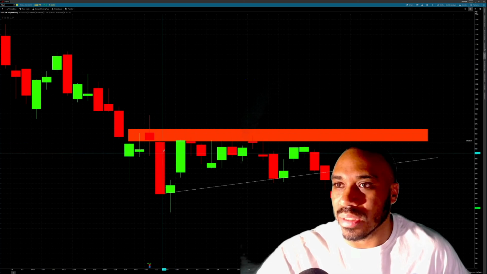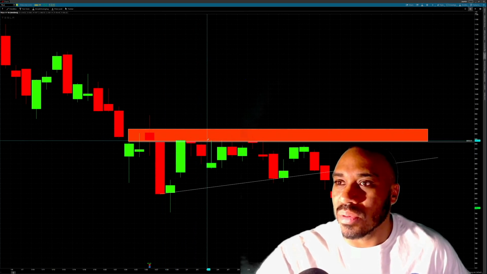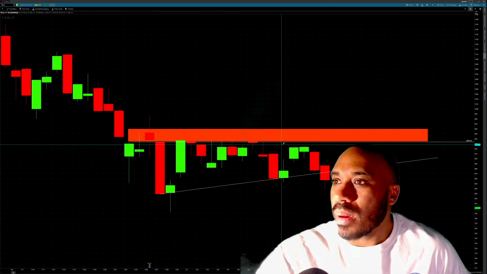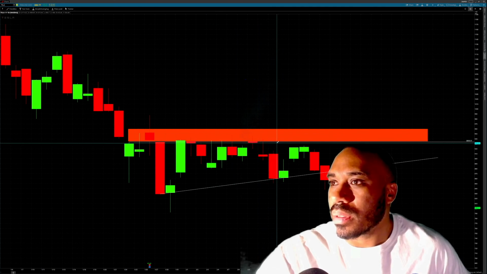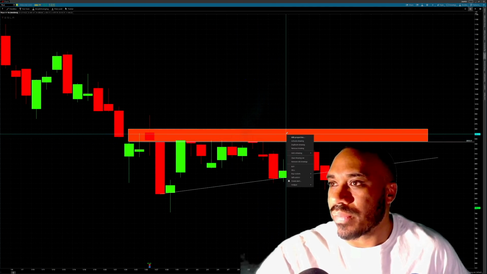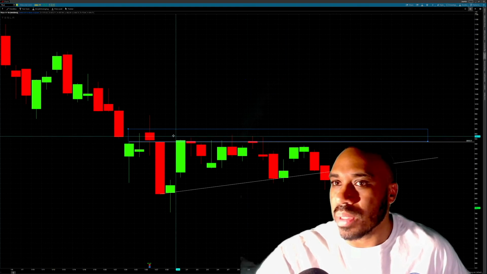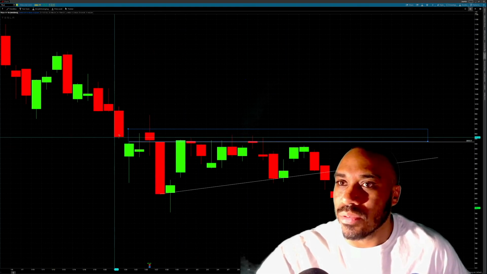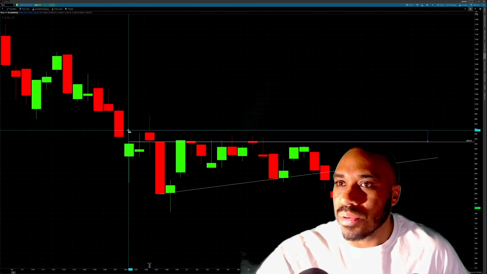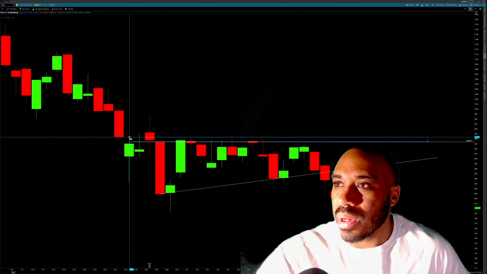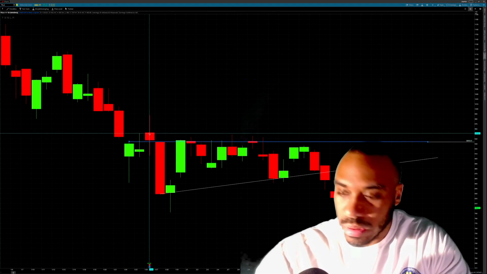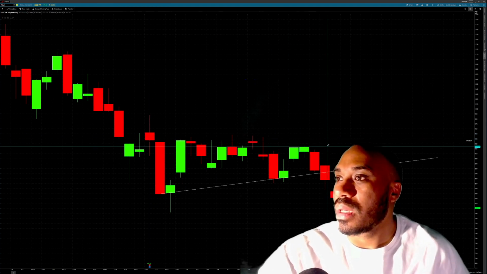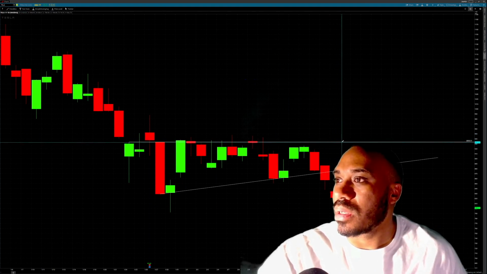On this one, 500,000 sell orders got filled, and they keep getting filled, and at some point, all these sell orders are going to get filled. All of them will be filled at some point because it keeps coming back to this level. So as sell orders get filled, this level gets weaker and weaker until it disappears, and the next time that it comes back to it, it might break to the upside, right?